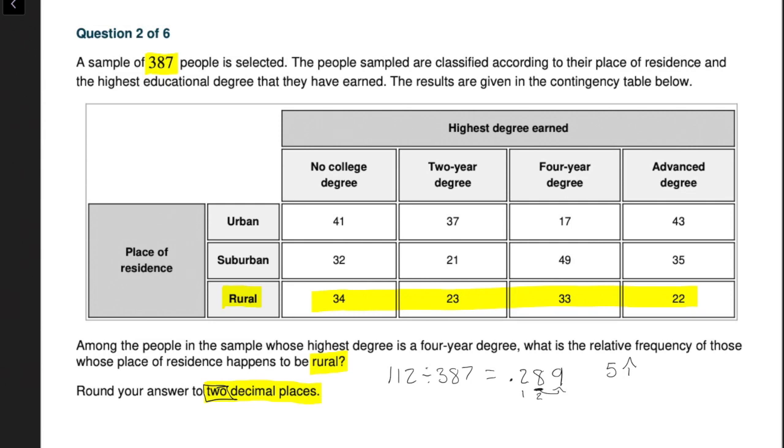So instead of 8, it would become a 9. If the number is a 4 or lower, my number is going to stay the same. So if this 9 was a 4, I would keep that 8. But since it is a 9, 9 rounds closer to the 10, so this would go up. So I would have 0.29 as my answer.